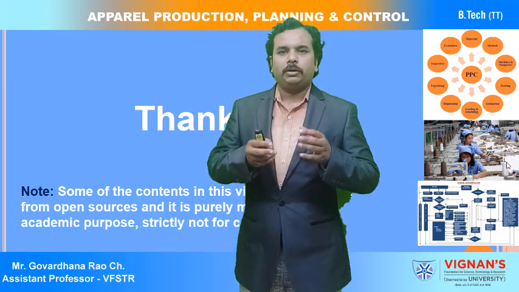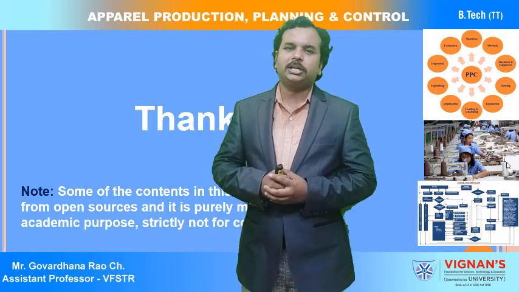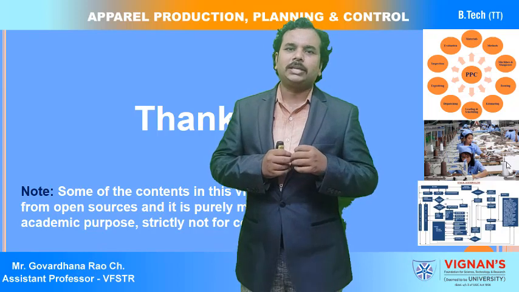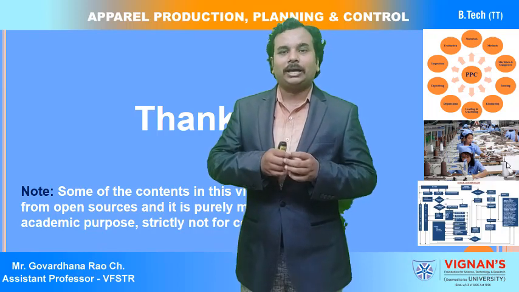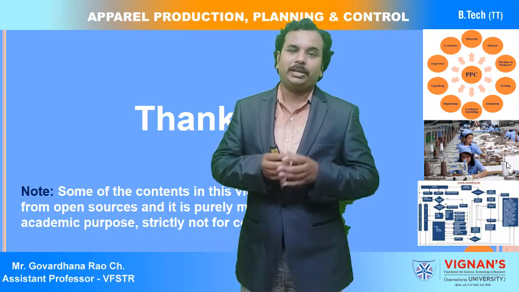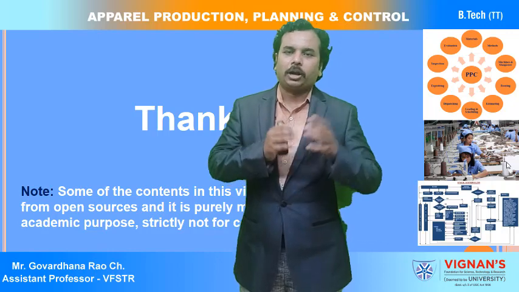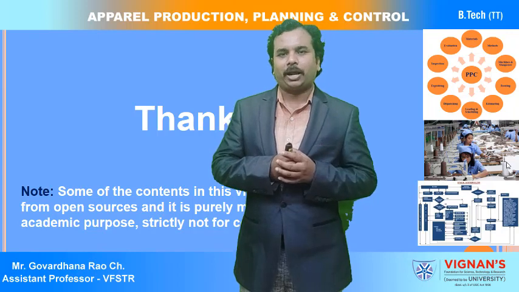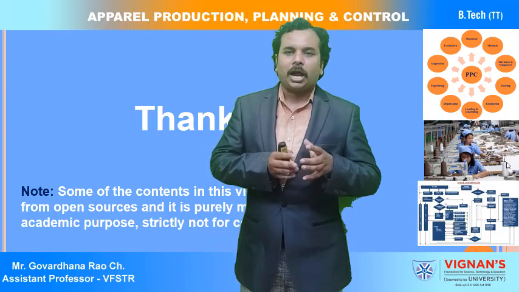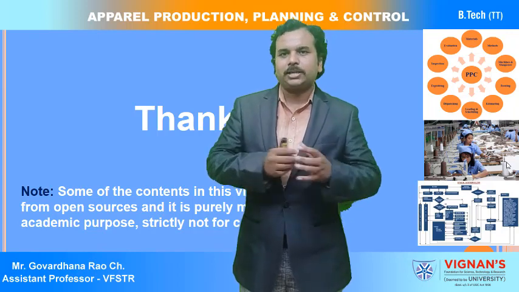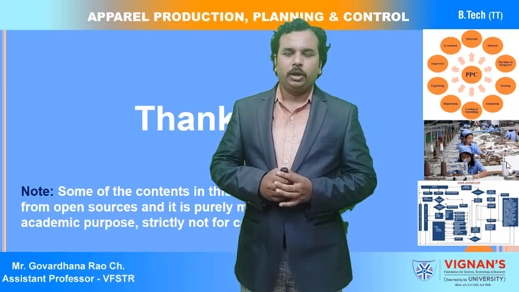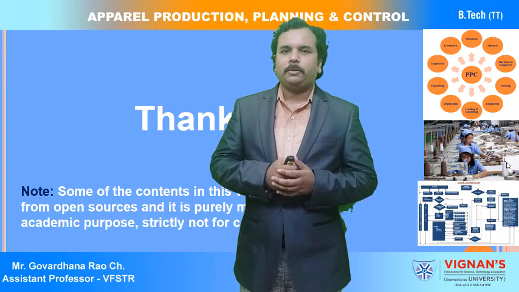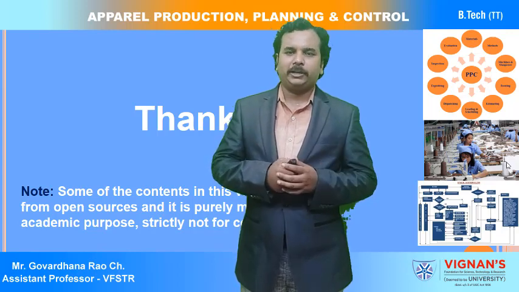In this session we have discussed what exactly lay planning is, what constraints are to be considered while preparing the marker and lay planning or cut order planning, and what the influencing parameters are. We have also seen a few examples of layout planning. So layout planning is over.